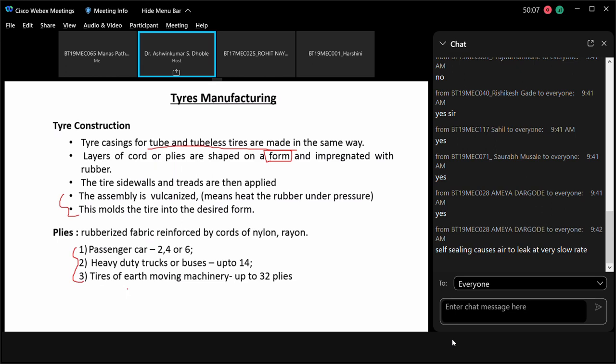BEML is the government company which manufactures the off-road vehicles or earth moving machinery vehicles, which are used for defense applications and for off-road applications. Okay. So there you will find different types of tires which have to be used because the terrain is different. So there you may not have to carry much load, and that is why the number of plies is more. So today with this we'll stop here.